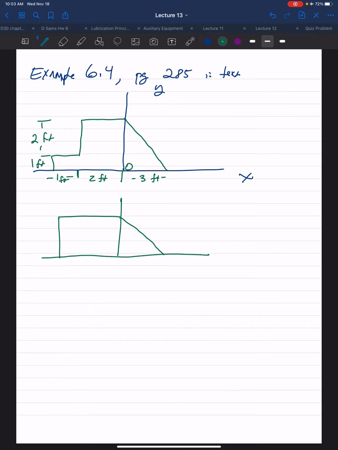a triangle. This would be part 1. A rectangle, composite part 2.